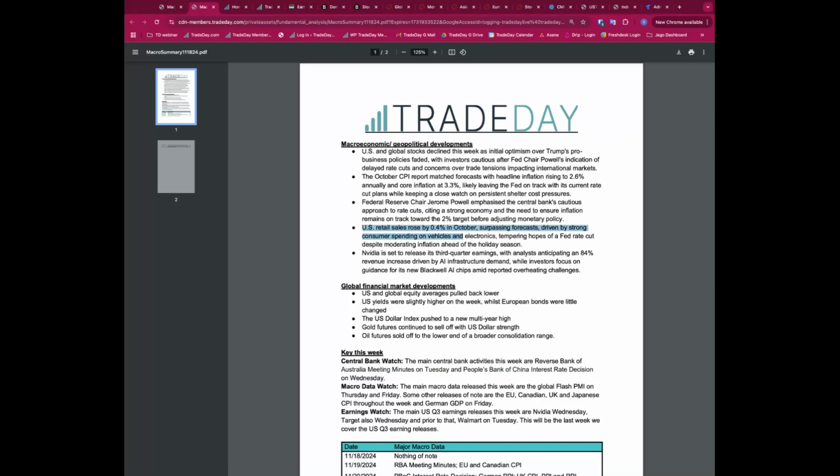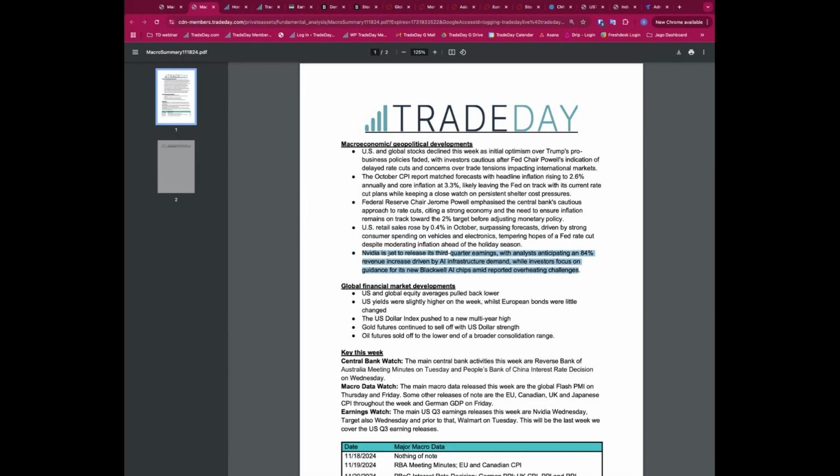So it's kind of counterintuitive, right? Strong retail sales should be good for the economy and good for stocks. But in this case, I think that's added a little bit of fuel to the fire of the concerns from Powell on Thursday. So that strong data on Friday counterintuitively saw markets sell off, US stock indices and global stock indices.